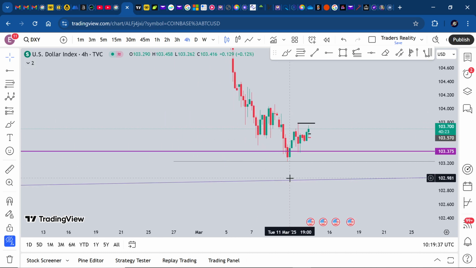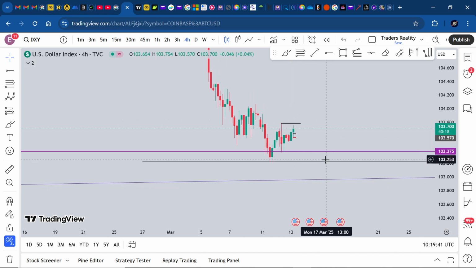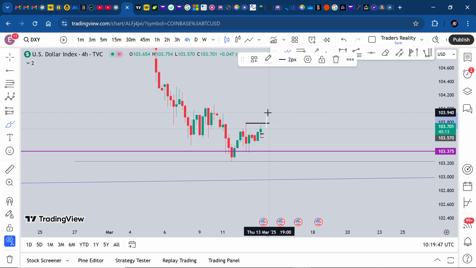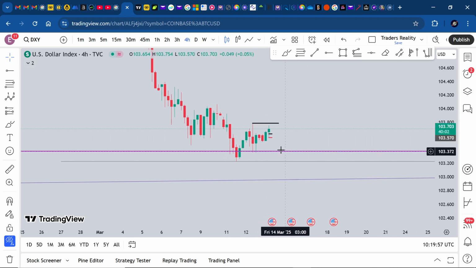What's coming down here to me is not done. It's not finished. Now if we had a big move above here, say a close up in this area, or move up, then definitely bullish, yeah. On a 4-hour, that would be bullish.